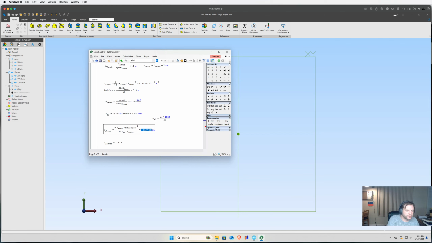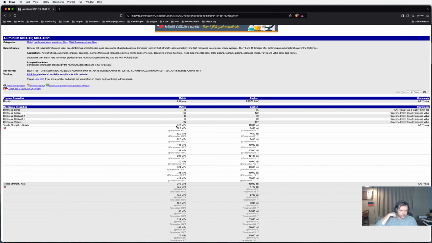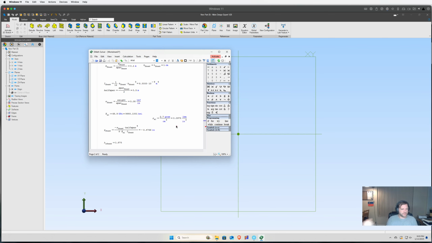I need to make sure, this is the one thing I don't like about what MathGuide does, it automatically converts units. So this one doesn't, and it takes me a little bit to get used to remembering to always hit tab afterwards. So there we go. Hopefully that matches. 0.0975. Yes, it matches. Okay, we're good.